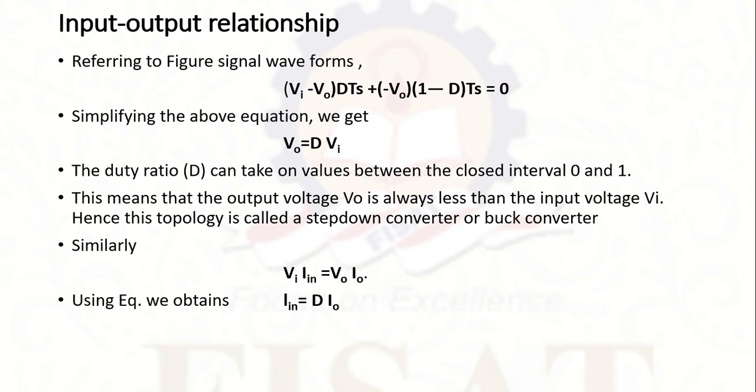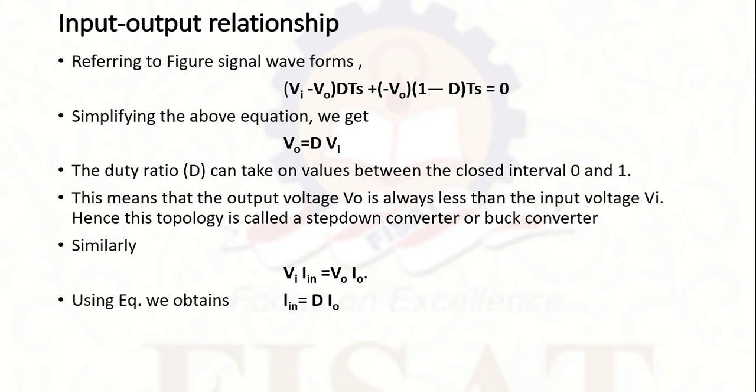Therefore d is equal to Vo by Vi. And this duty ratio d will have values between 0 and 1. The reason is, the output will not be greater than input, and that is why it is called a step down converter. Similarly, the power transfer, Vi into Ii, is equal to Vo into Io.